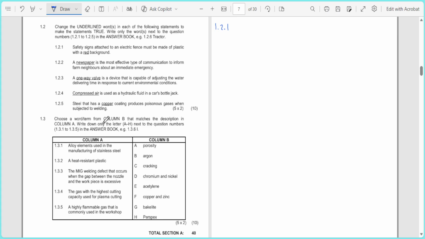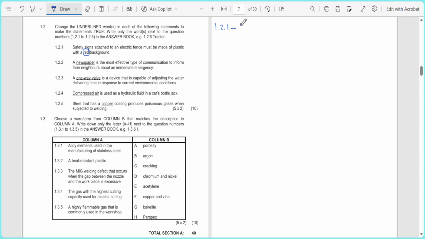Okay, so let's answer the first one. Safety signs attached to an electric fence must be made of plastic with a red background. Okay, now let's think for a minute here. Red background. So we need to change the underlined words to the correct one.